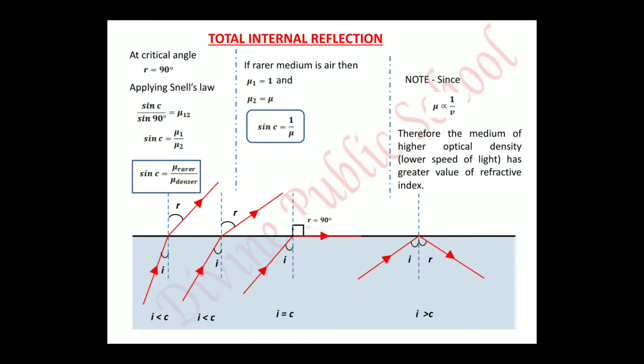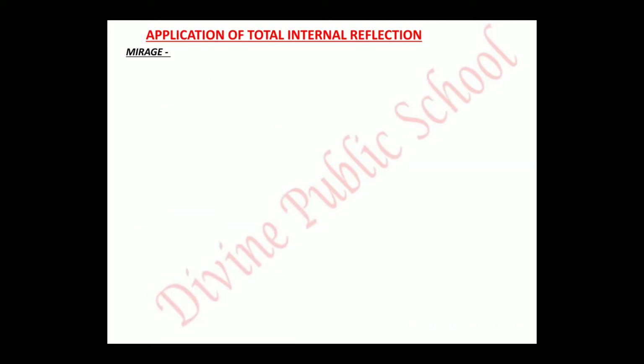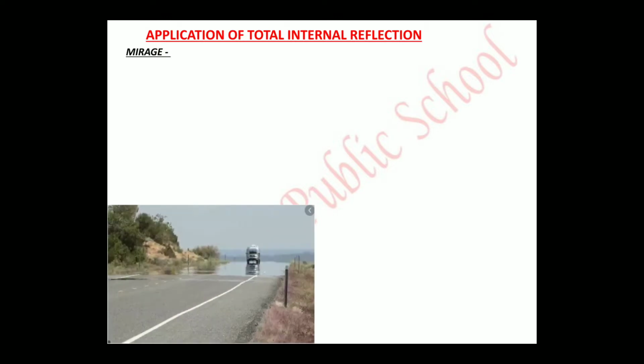Now let us move ahead, and we are going to study the applications of total internal reflection. The first thing we are going to study today is mirage. What is mirage? Mirage is an optical illusion, and you must have seen this view whenever you are moving on a highway.